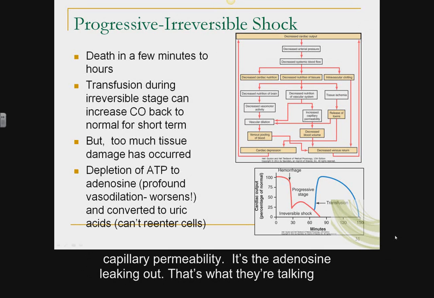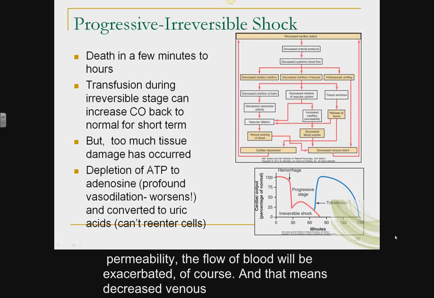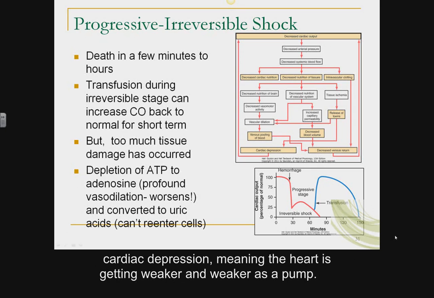It's the adenosine leaking out, and that means that with increased vascular dilation and increased capillary permeability, the flow of blood, or lack thereof, is exacerbated. That's decreased venous return, and if we have less in, that means less out. So we're going to have progressive cardiac depression, meaning the heart is getting weaker and weaker as a pump.